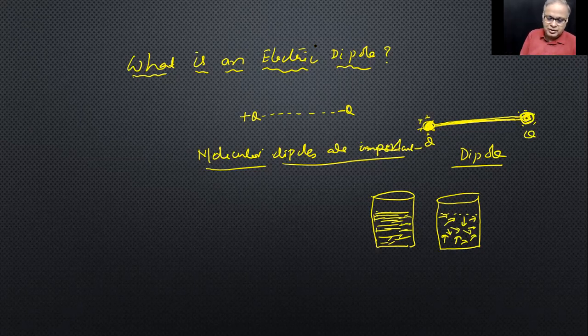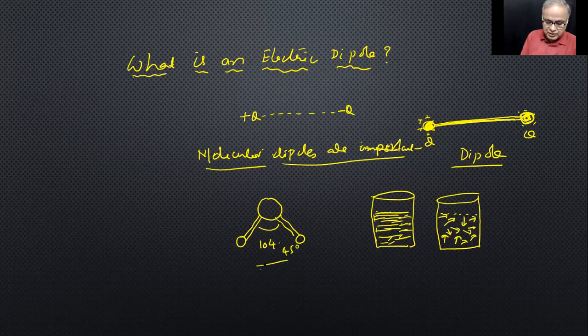Why? Do you have any idea? One oxygen, another hydrogen, another hydrogen, making bonds like that. You also know the bond angle to be some 104.5 degrees. If I'm wrong, correct me. This is oxygen, this is hydrogen, this is hydrogen, isn't it? And we say oxygen has more electronegativity, so the shared electron pair is pulled more towards oxygen.